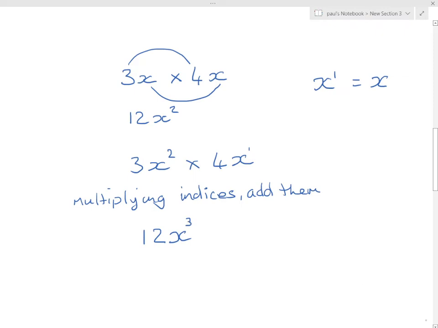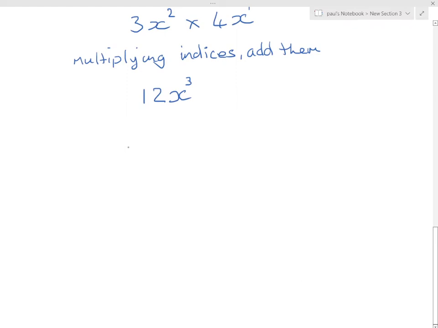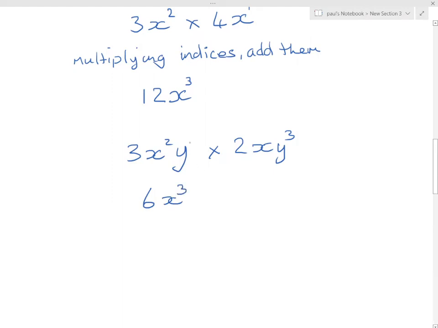So you add the indices when you're multiplying together. So let's have a look at 3x squared y times 2x y to the 3. So you do the numbers. 3 times 2 is 6. You do the x's. X to the 2 times x to the 1 is x to the 3. And the y's, y to the 1 times y to the 3 is y to the 4. So you're just multiplying them.